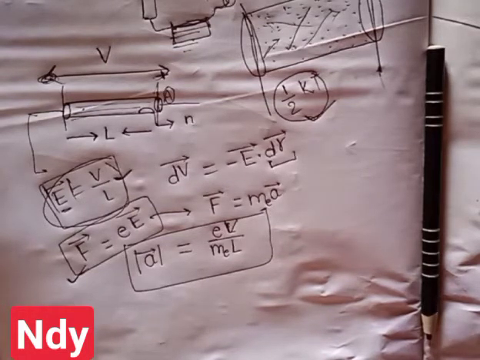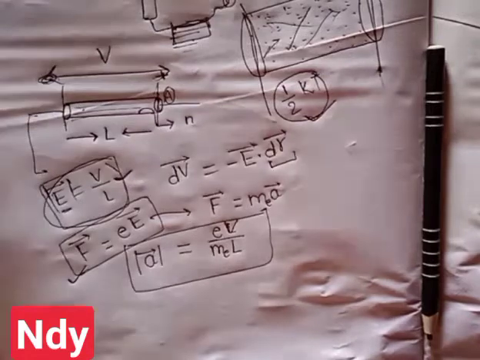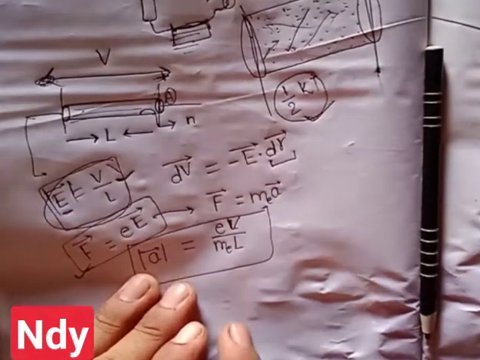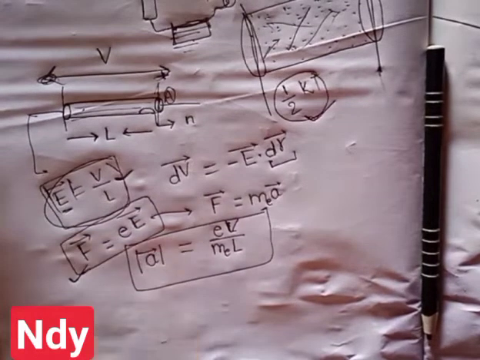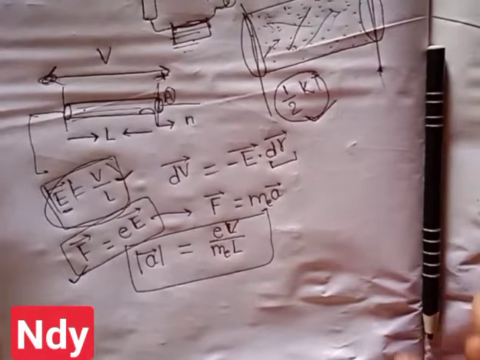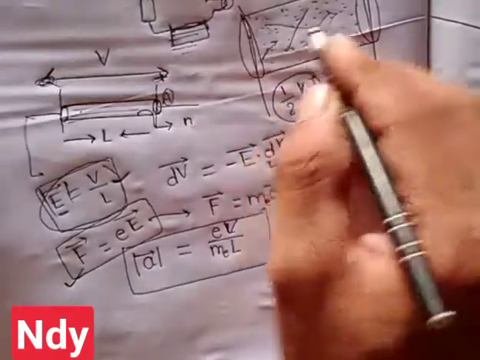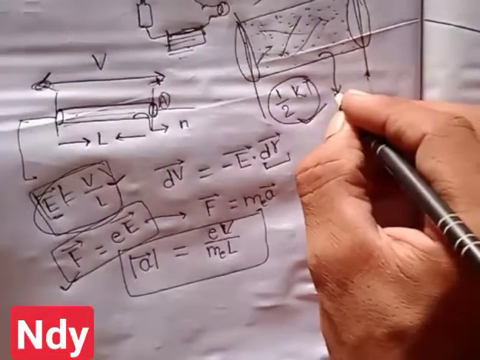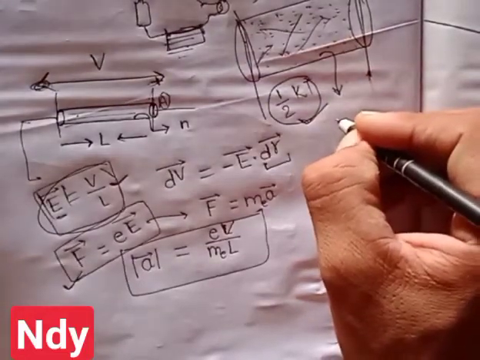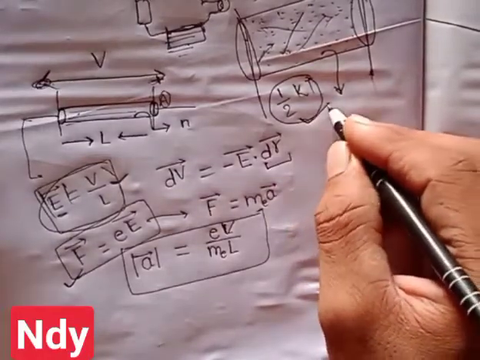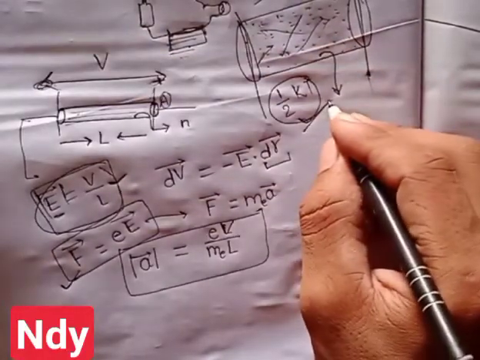So this much force will be felt by each electron. If the electron is feeling force, this means they have acceleration, and due to this acceleration their speed should increase continuously. But what we know for the initial stage, as I have discussed, is that in the initial state they move in such a way that there is no net effect of their motion when no electric field is applied.